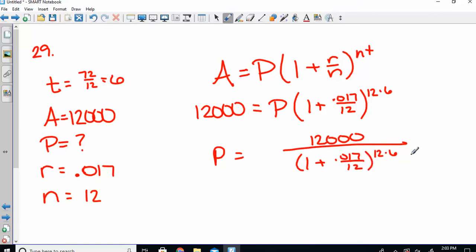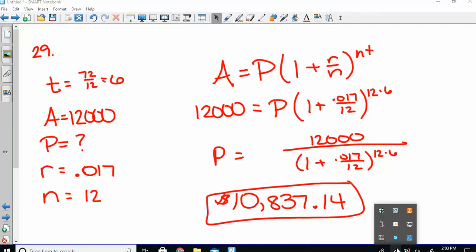So you could just type in 12,000 divided by all of that. You get $10,837.14.